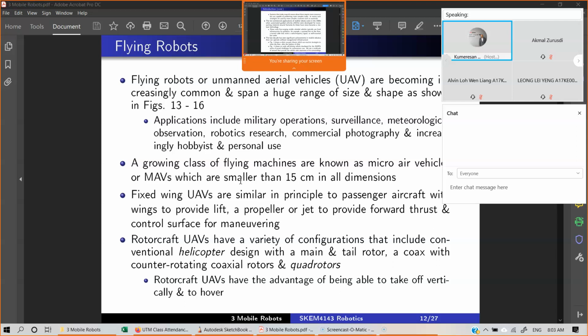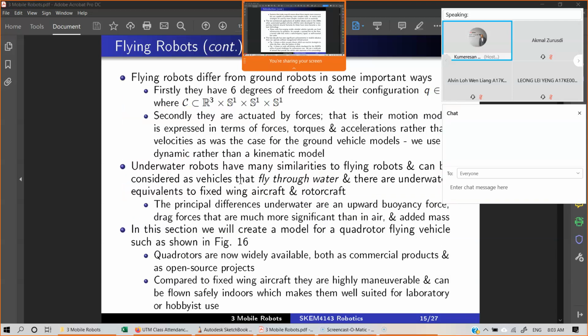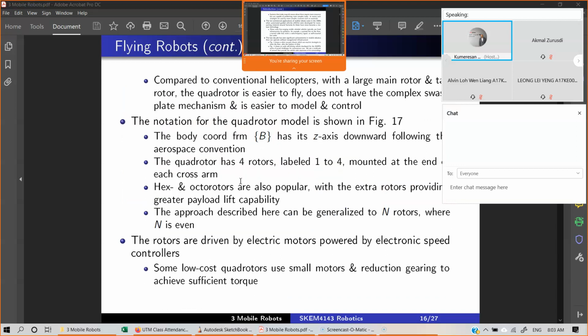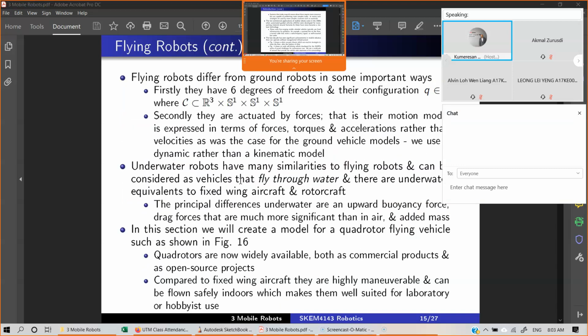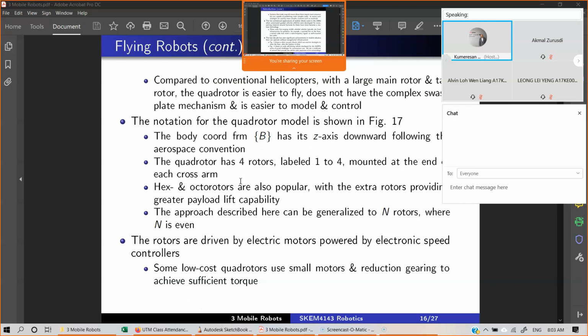We can't even call this theory. It's just explanation, up to slide number 15 even.